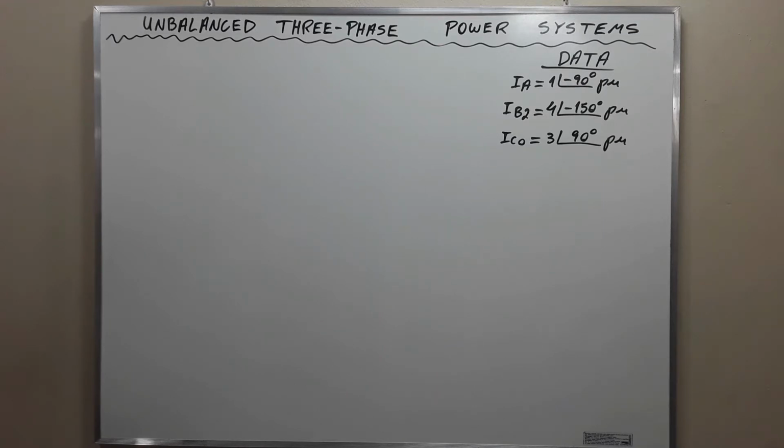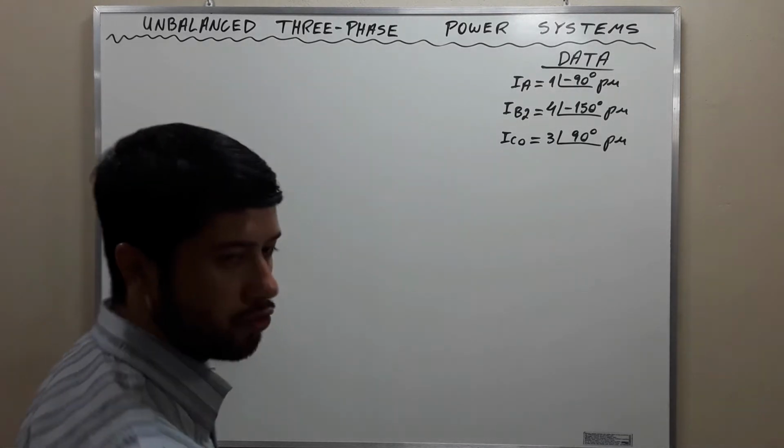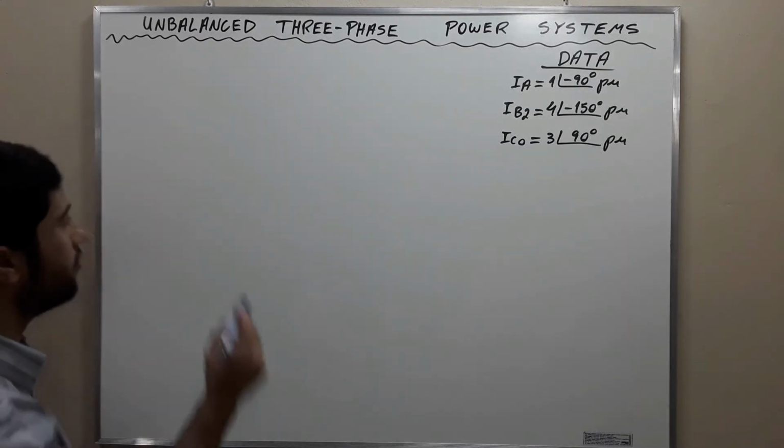If the negative sequence current of conductor B is 4 phase minus 150 degrees per unit, and the zero sequence current of conductor C is 3 phase 90 degrees per unit, determine the currents in all cables A, B, and C and their symmetrical components. Okay, my friends, this is the exercise. I am going to show you the solution now, step by step.